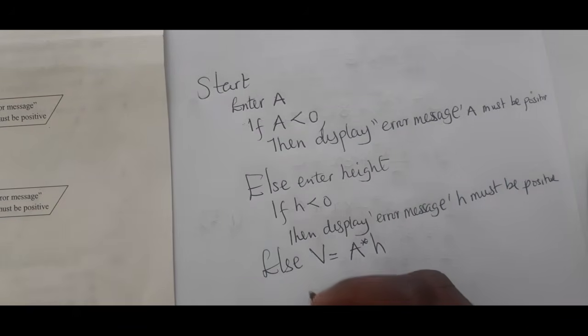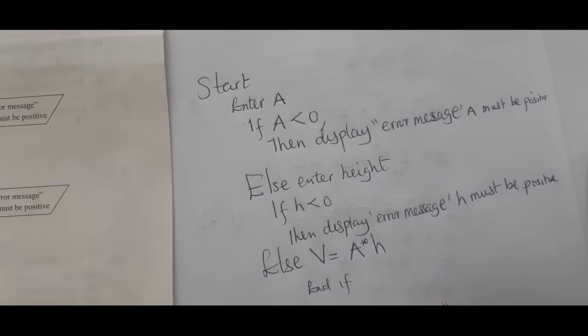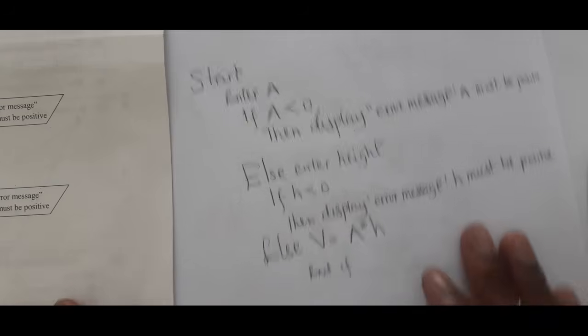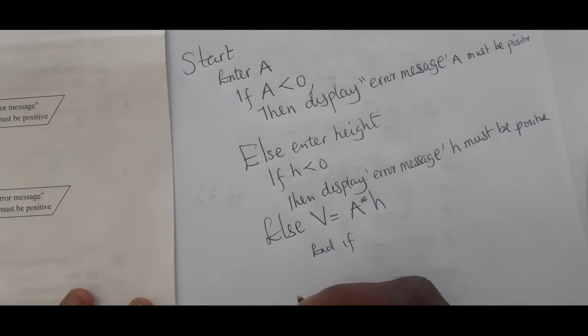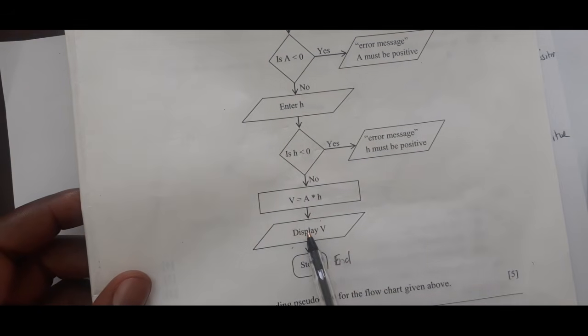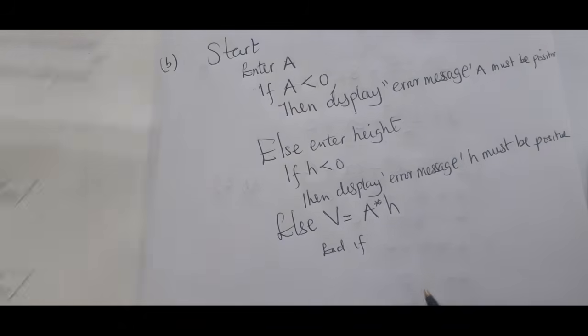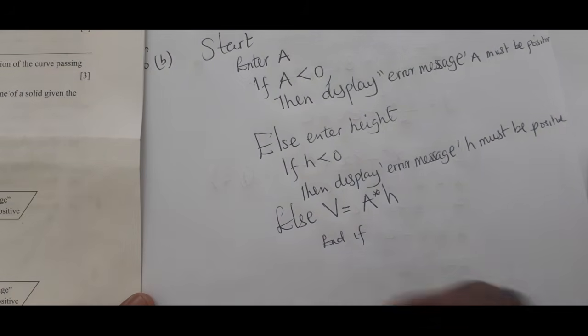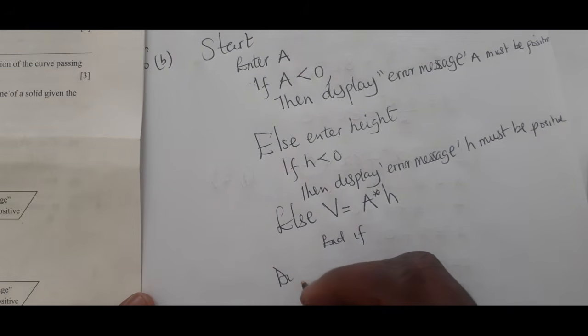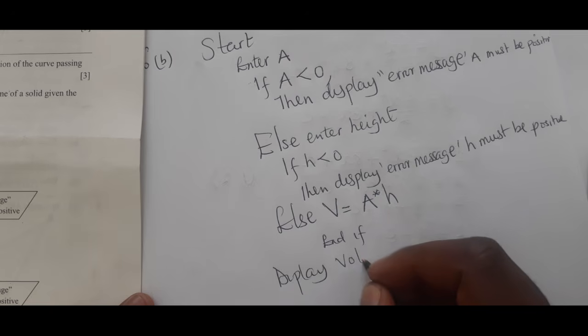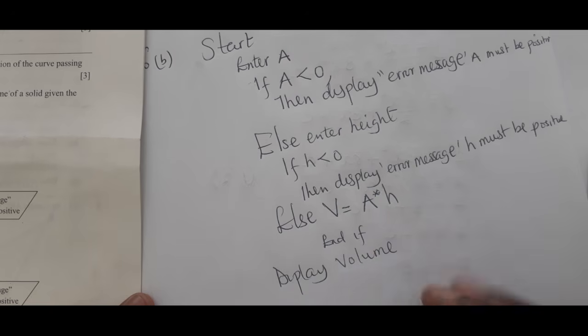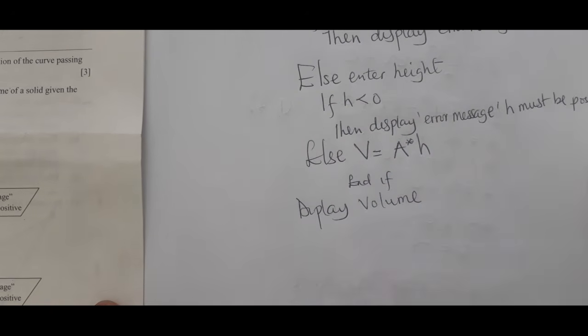Okay? Then here we can say and if. Okay? And if, then we can at this point say, as you can see now from this point, we have display volume. Okay? Display volume, then stop.